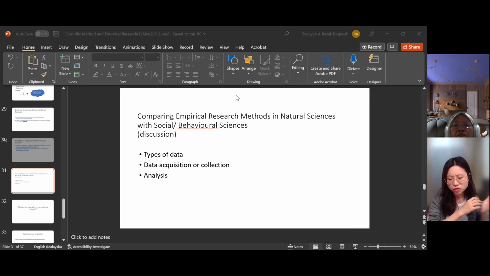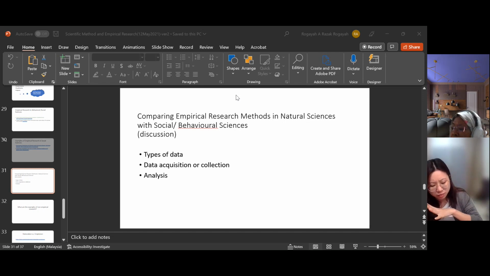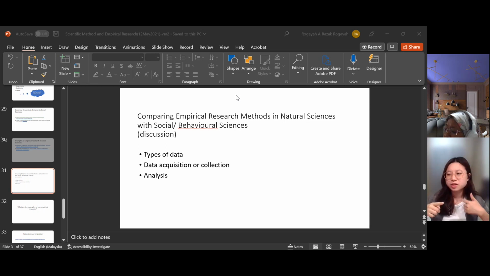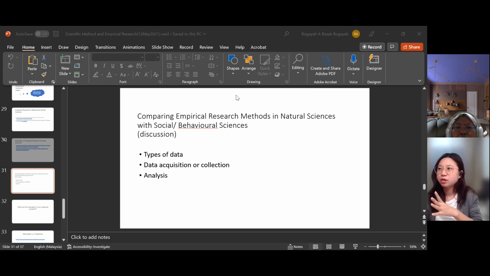Whereas social or behavioral science, it's more of observation, interview, survey on the people. It can be direct interview, primary data, direct survey with the victims, go and visit them, and you get data on how they feel.